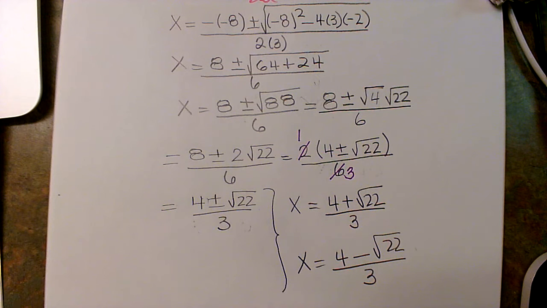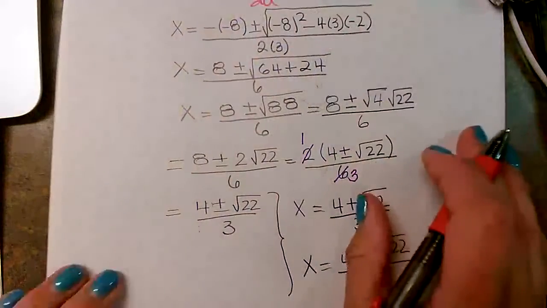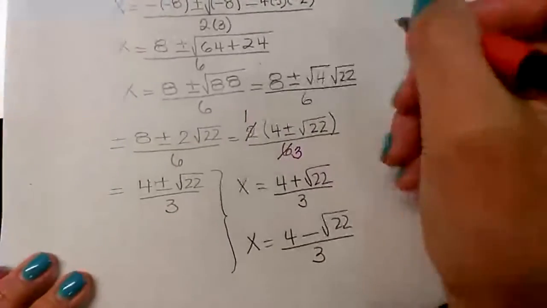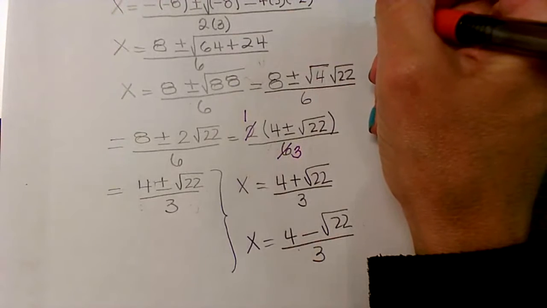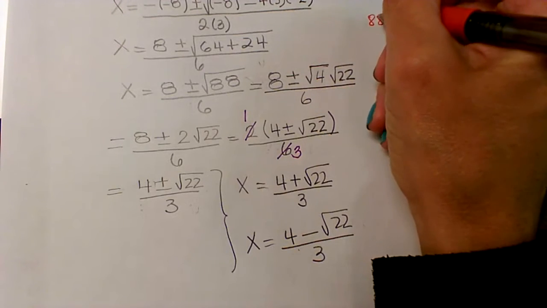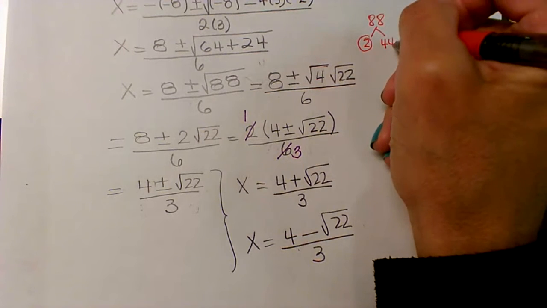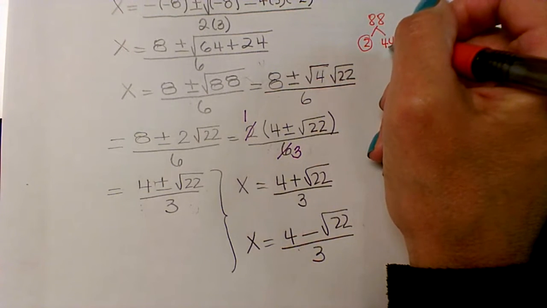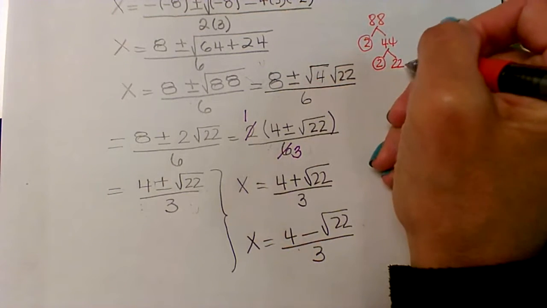With the 88, how do I know it's this 2? Let me do, what's the number? 88. Okay. Divided by 2 is 44, right? And by 2 is 22.